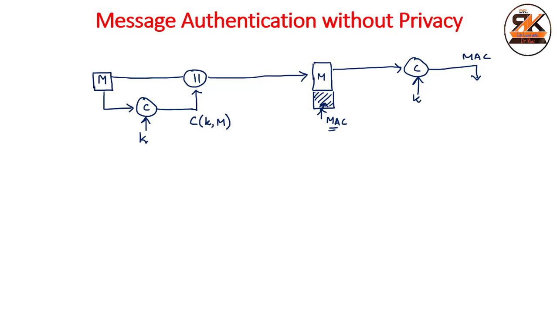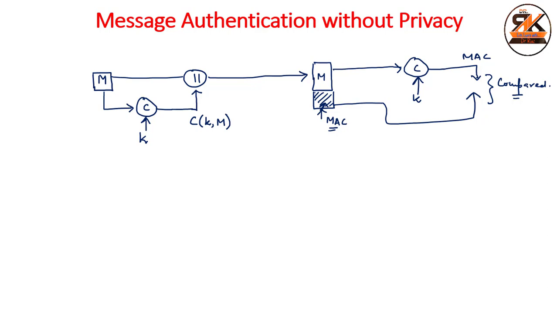The other MAC that is appended to the message is fetched to this point, and both these MACs are compared. If these two MACs are the same, then the message is authentic, there is no alteration of the message. If they differ, then there is an alteration of the message.